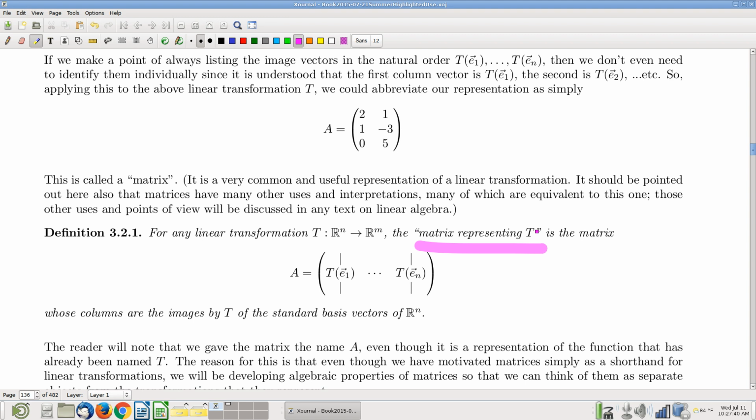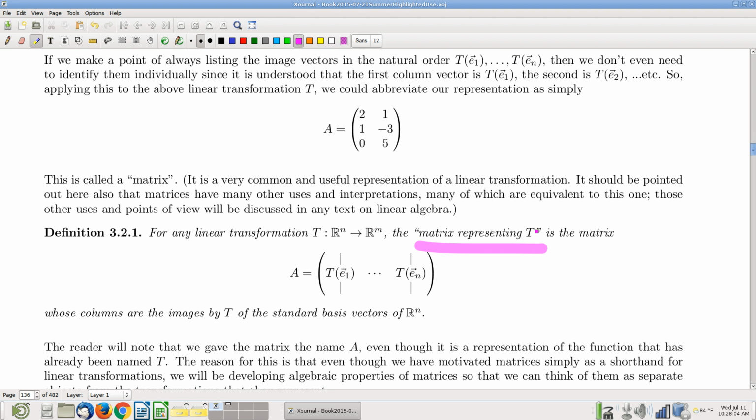But that said, let's not forget where it came from. A matrix is just a way of representing a linear transformation. So when a matrix does something, don't ever forget that it should be thought of as the linear transformation doing it, because that's what the matrix represents.